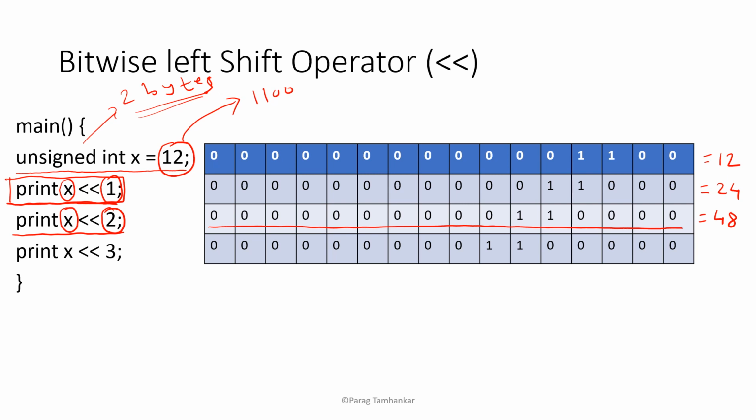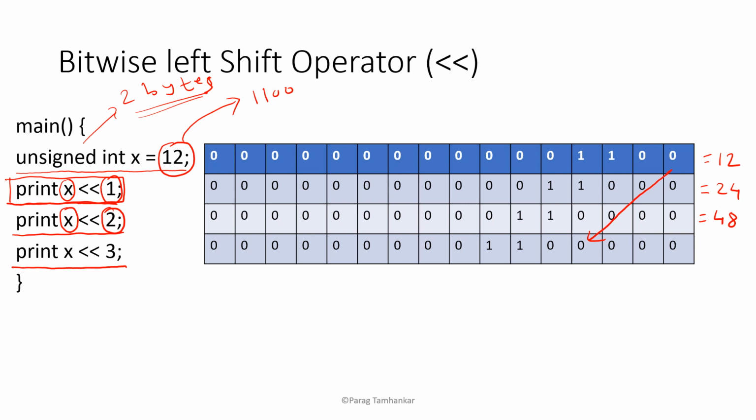Finally, we have print x left shift by 3 positions. With the same analogy continuing, each bit of x will be shifted by 3 positions.